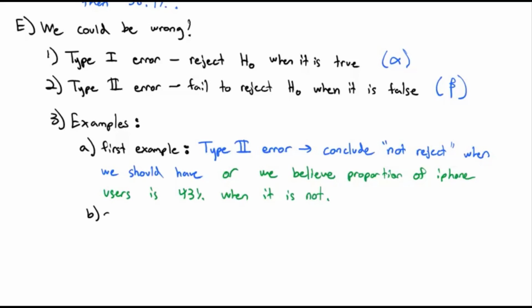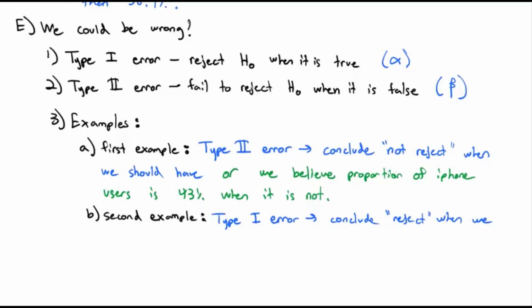The second example, because we did reject, could have been a type 1 error, where we conclude reject when we should not have.